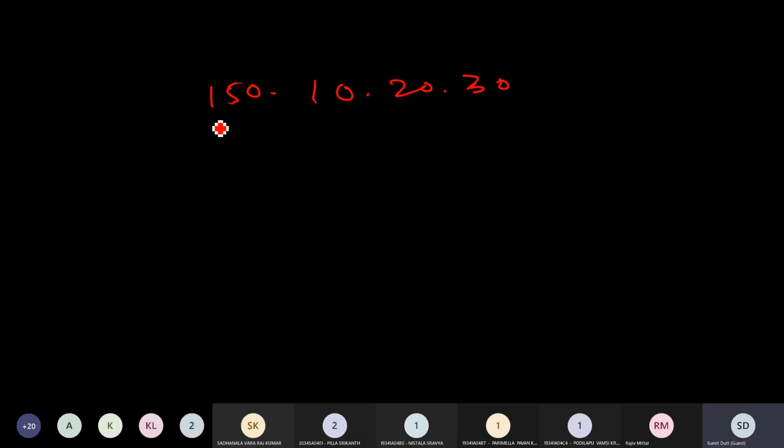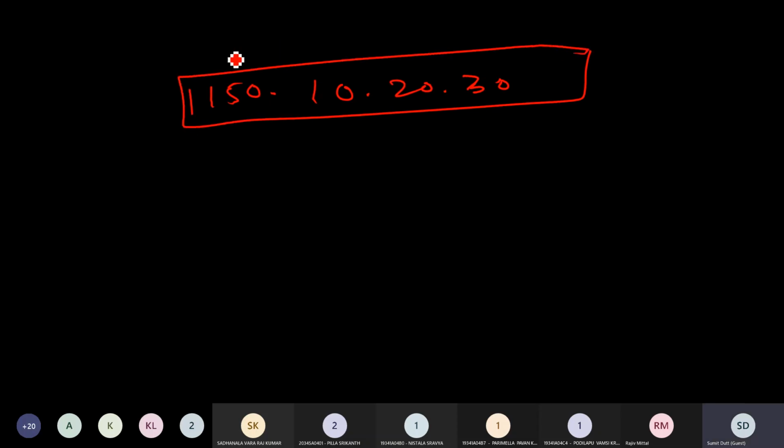Let's suppose this is one IP address, 150.10.20.30. So this is my class B IP address in which this is my network and host, right? Now let's suppose I'm an IT guy or the managing director of my company, where I purchase this IP address, 150.10.20.20.